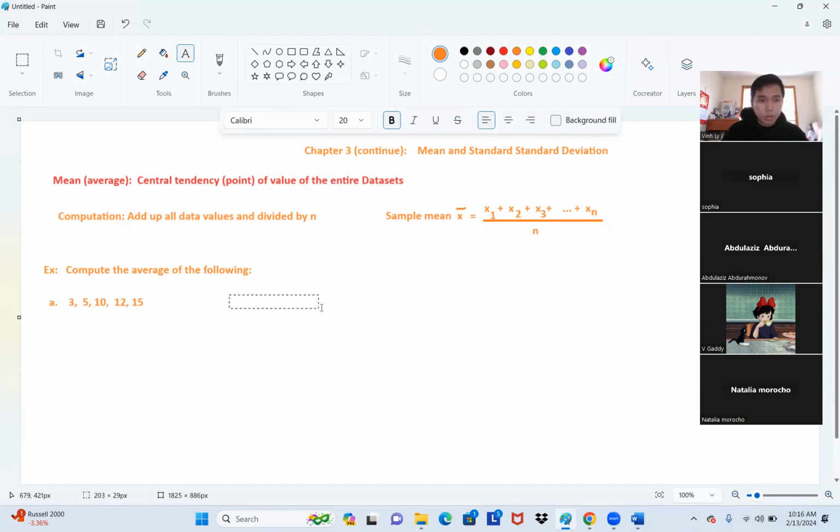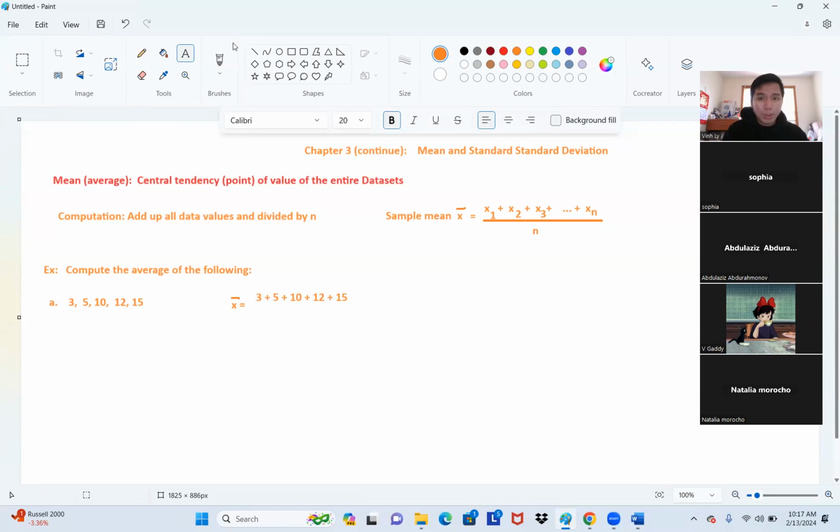All we have to do is look for x bar, and you simply take 3 plus 5 plus 10 plus 12 plus 15.